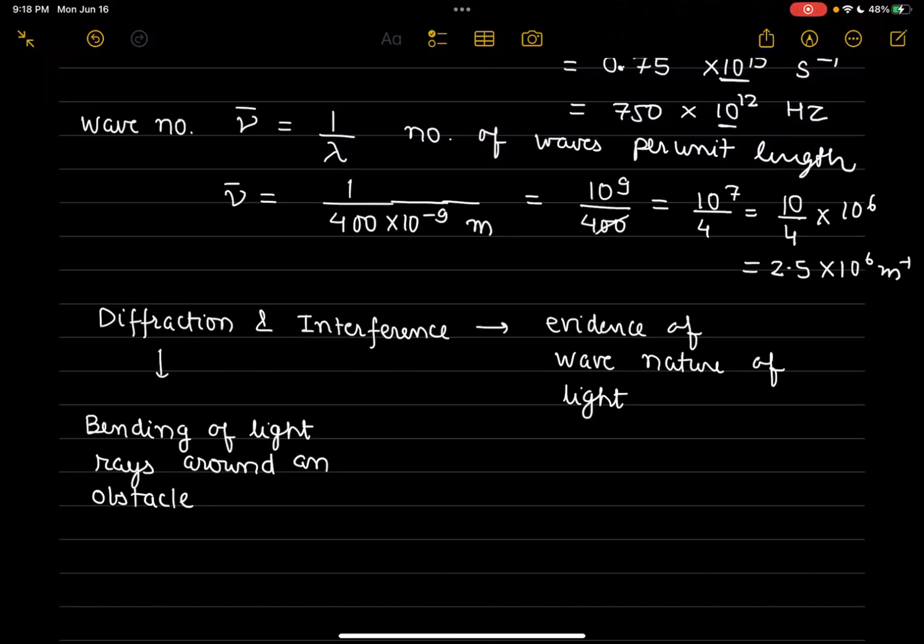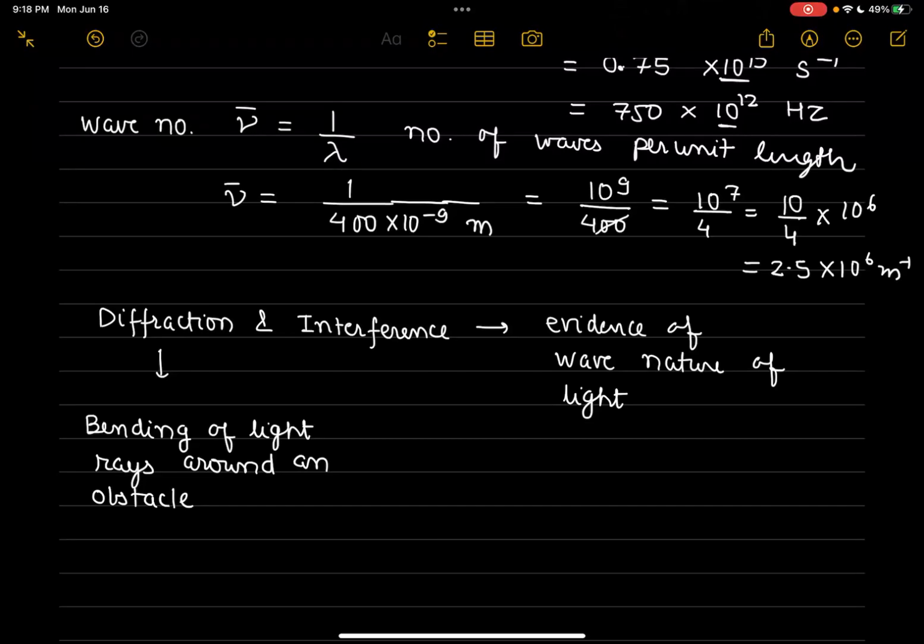Not completely, but the other areas where the light ray is not reaching also receive light. It is because of diffraction. Some light is bending around the corners and edges of the windows and doors through which the light is coming.